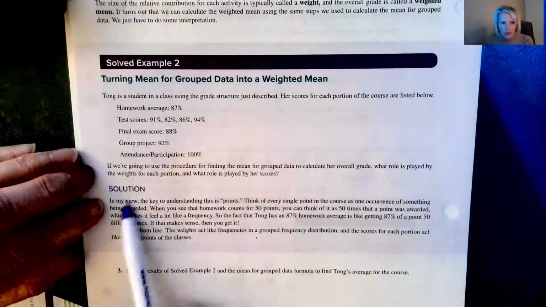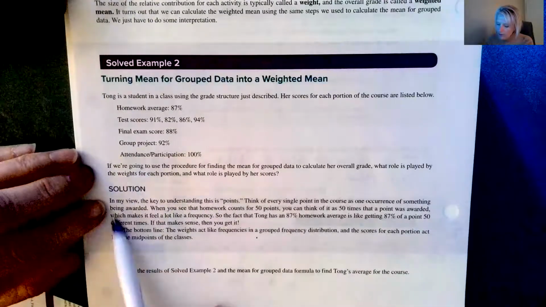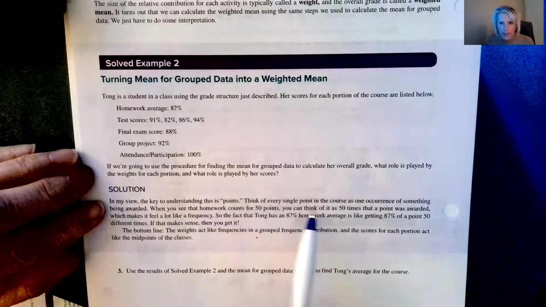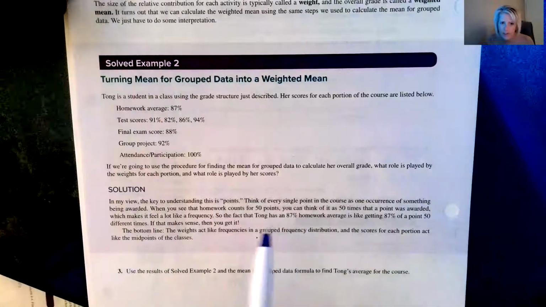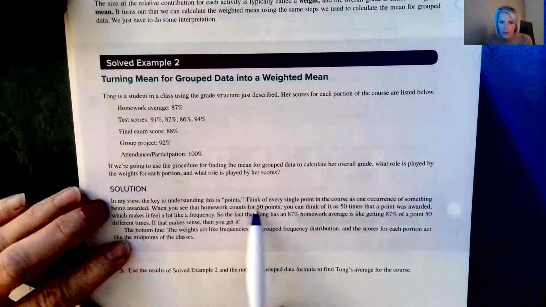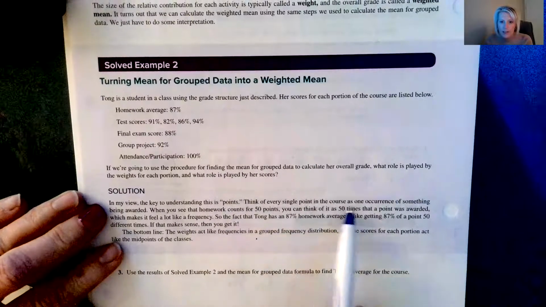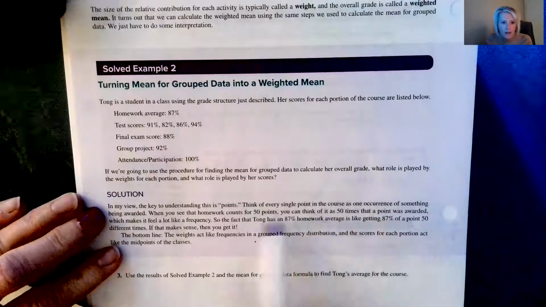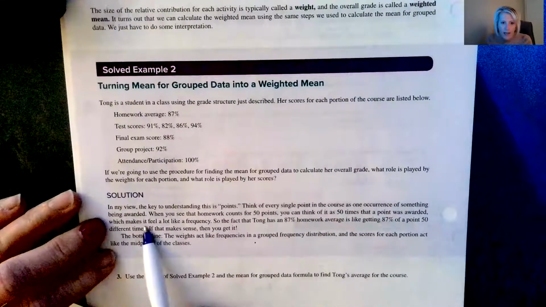So the solution by the author says, in my view, the key to understand this is points. Think of every single point in the course as one occurrence of something being awarded. When you see that homework counts for 50 points, you can think of it as 50 times that a point was awarded, which makes it feel a lot like a frequency.